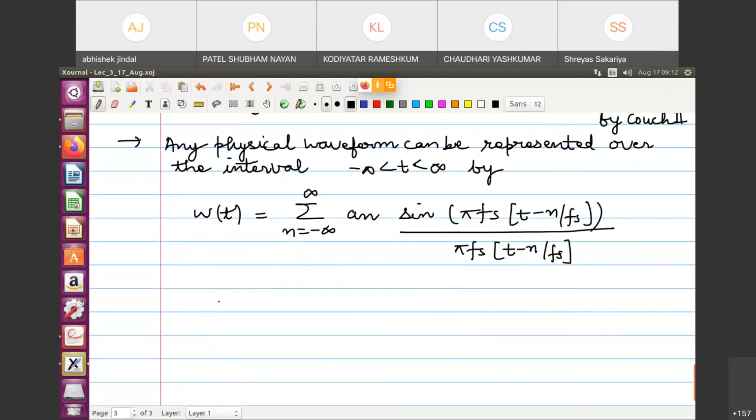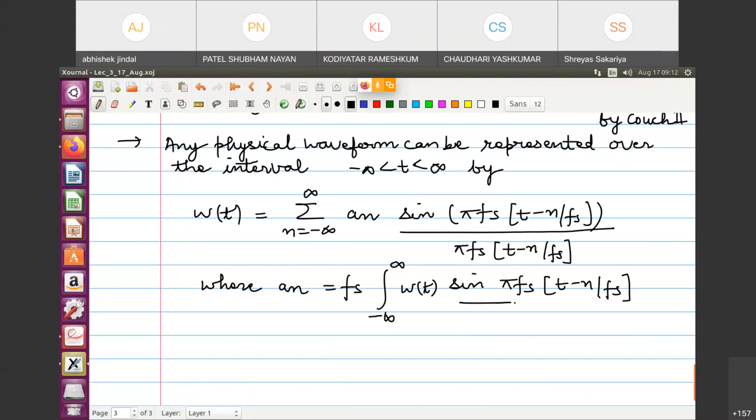Where a_n is equal to f_s times the integral from minus infinity to infinity of w(t) times sinc of pi f_s (t minus n by f_s) dt. I think this type of equation or concept you must have come across. This is the basis expansion.